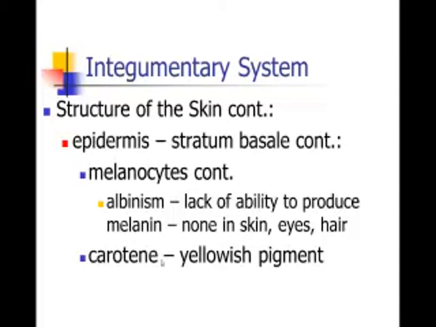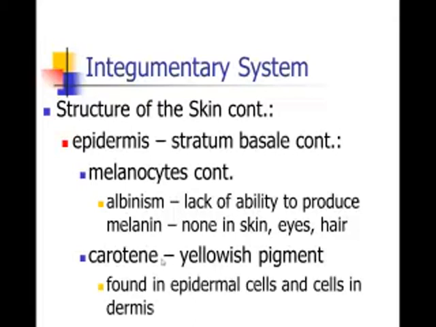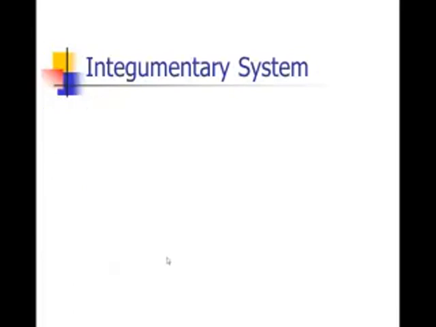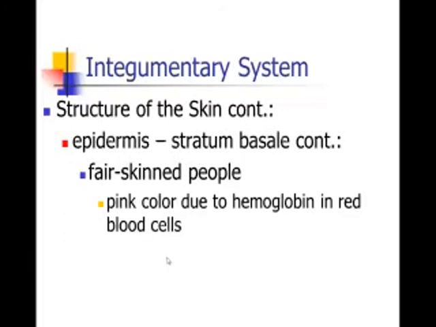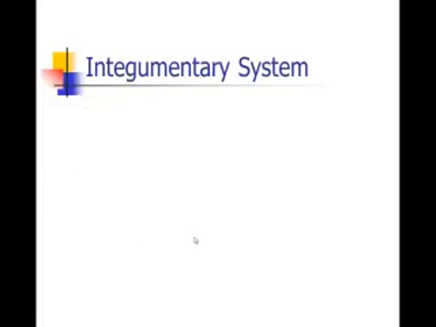There's another pigment that's produced, a yellowish pigment called keratin, and this pigment is going to be found in the epidermal cells and cells in the dermis. So fair-skinned people are pink in color, or very light in color, but the pinkness is actually due to hemoglobin in the red blood cells.